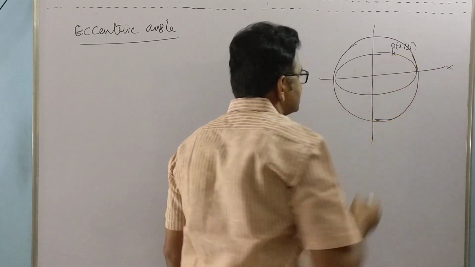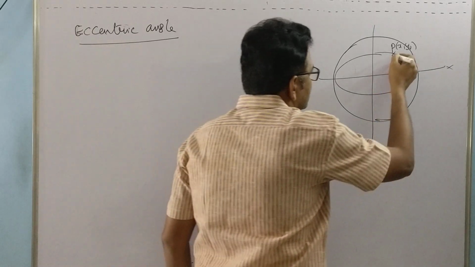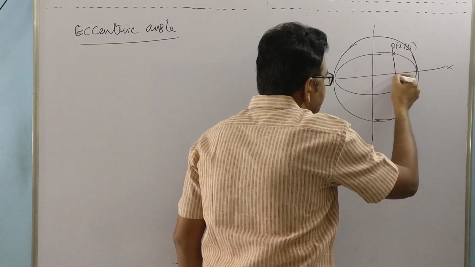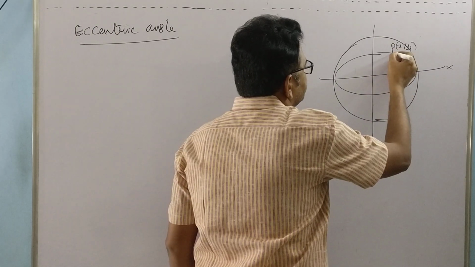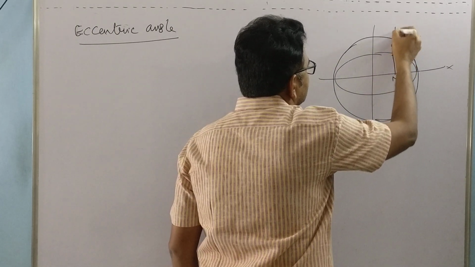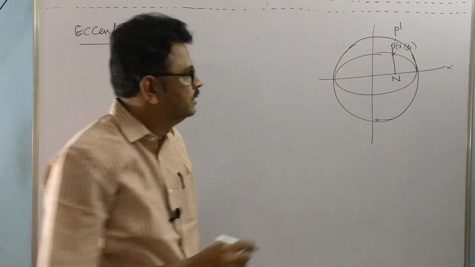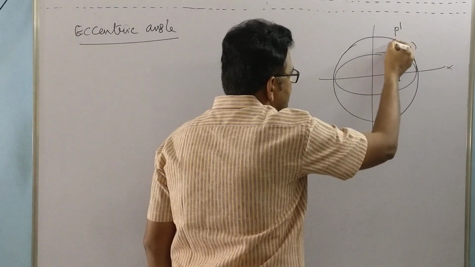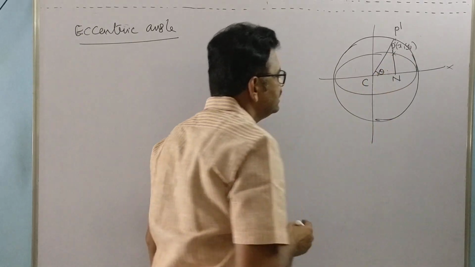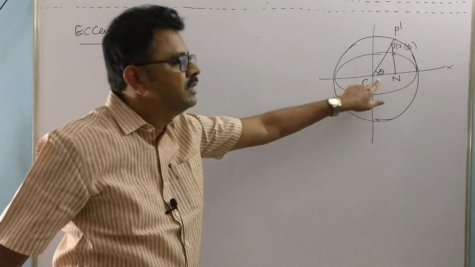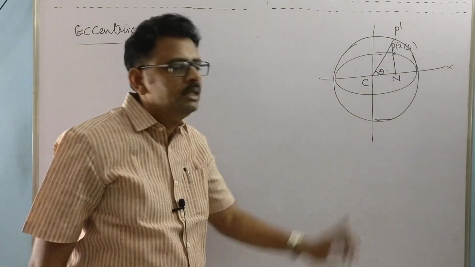Let P(x, y) be a point on the ellipse and draw PN perpendicular to the major axis. Produce PN to meet the auxiliary circle at P dash. If angle P dash CN is equal to theta, then theta is called the eccentric angle of the point (x, y) with respect to the ellipse.